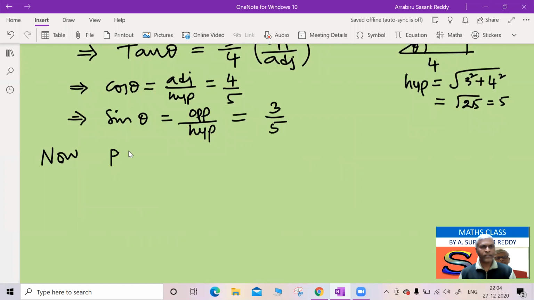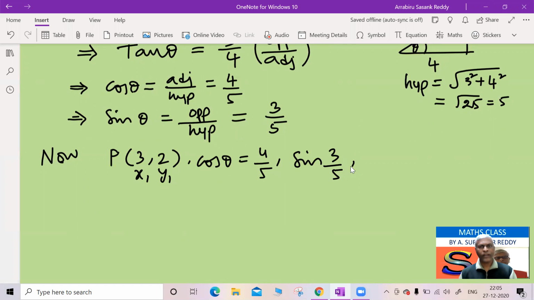The point is given as 3, 2, that is x1, y1, and cos theta is 4 by 5, sin theta is 3 by 5, and the distance is r.